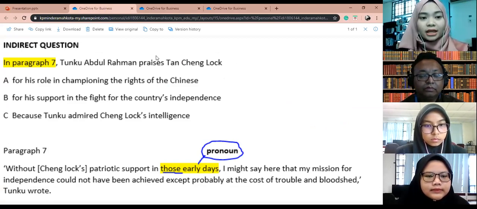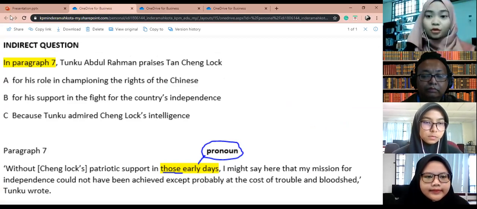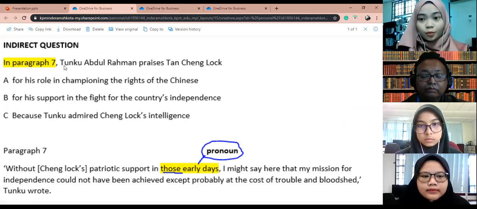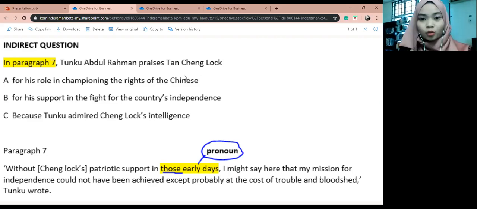When candidates see this type of question, they will always jump to the conclusion that it is a supporting details question because it asks what Tunku Abdul Rahman praises about Tan Cheng Lock. But if you think it is SD, please make sure that you double check it. How?